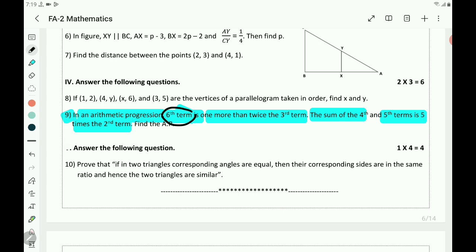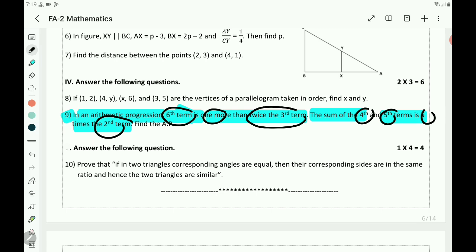Sixth term means A6 is 1 more than twice the third term. Twice the third term means 2A3, plus 1. That is one relation. The second relation: the sum of the fourth term and fifth term, A4 plus A5, is 5 times the second term.